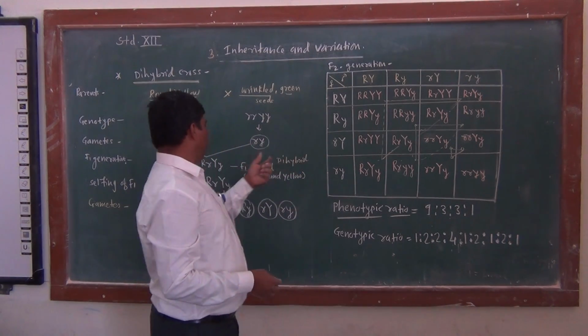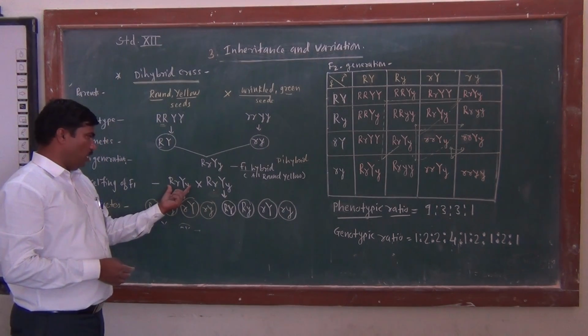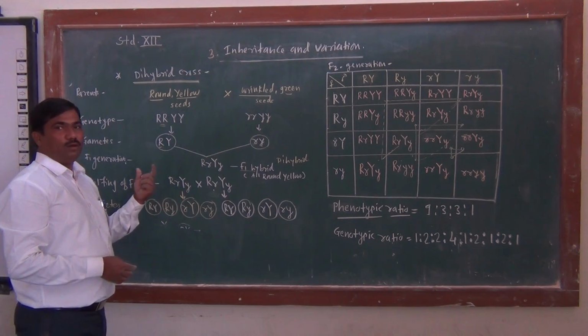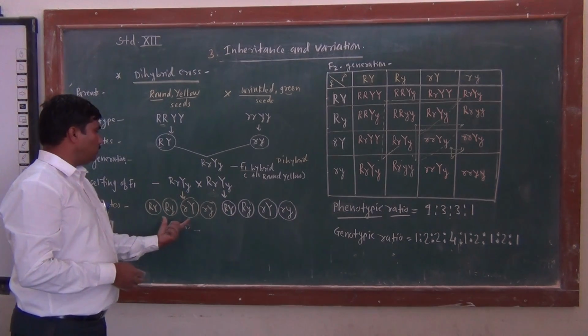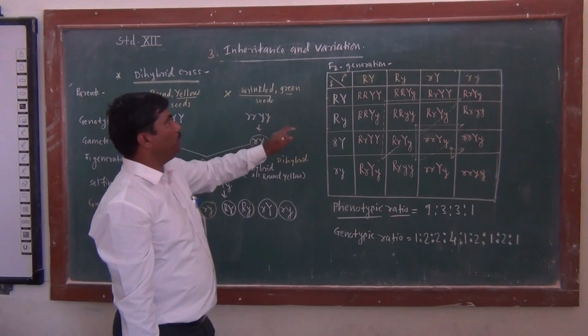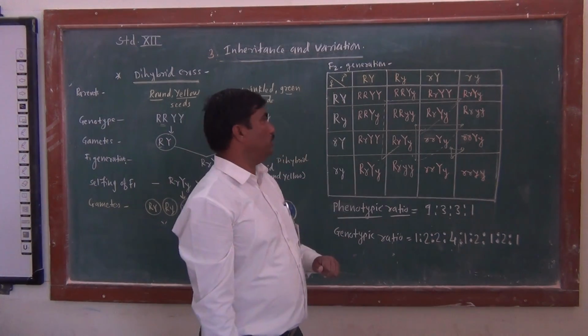An individual with the genotype capital R, small r, capital Y, small y produces four different types of gametes. So these gametes are placed in a Punnett square checkerboard to obtain the F2 generation.